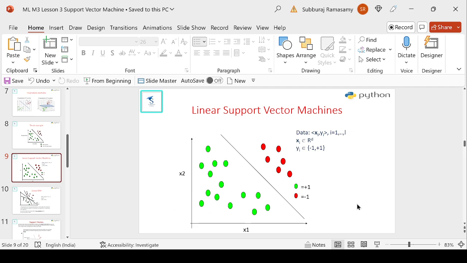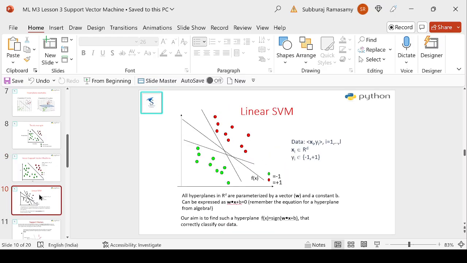And see the two classes: this is one class, that is another class. You can have any number of hyperplanes that separate both the classes. This diagram gives you three hyperplanes. They all separate the classes. Minus 1 is these green dots, and plus 1 is the red dots.